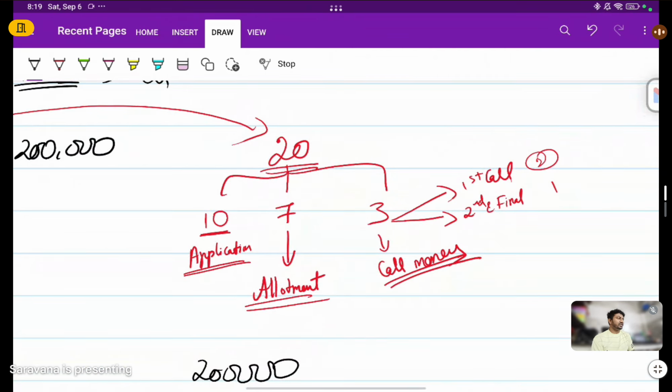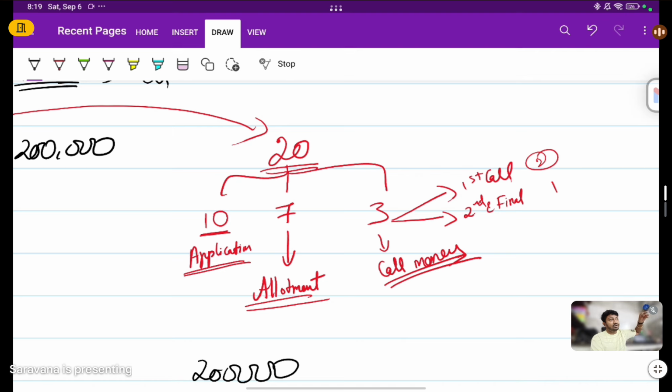But there is a proportion. It is 20 rupees: 10, 7, 3. Since we are poor in India, they cannot afford to purchase 20 rupees per share in the 90s or 2000s. So they break down the amount into application, allotment, and first call.